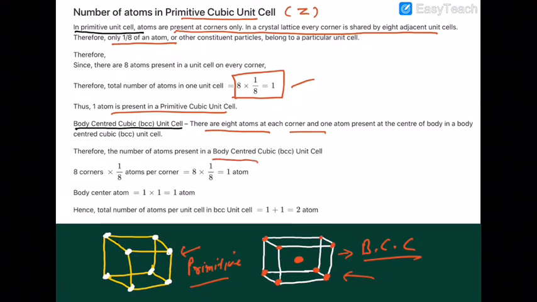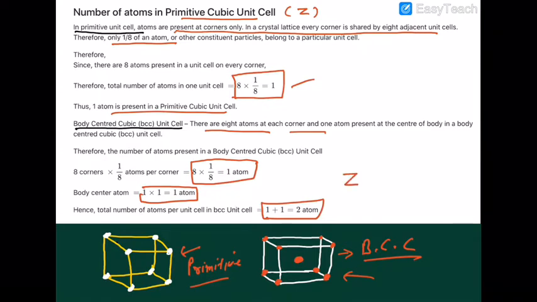So 8 atoms at 8 corners and 1 atom at body center. Together it becomes 2. So Z is equal to 2 in BCC and Z is equal to 1 in case of primitive cubic cell.